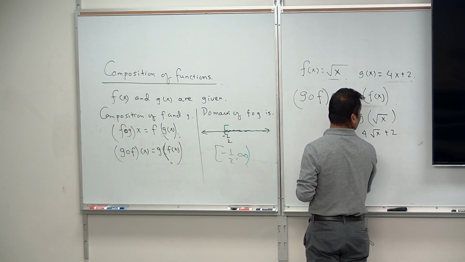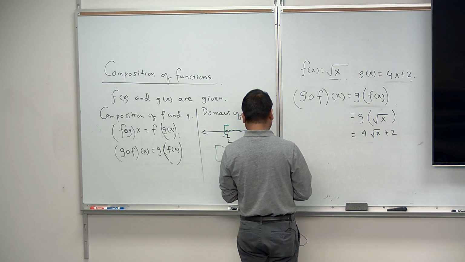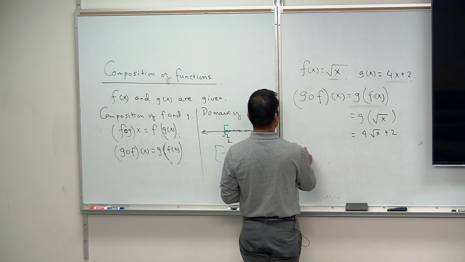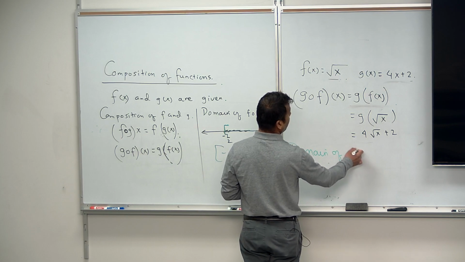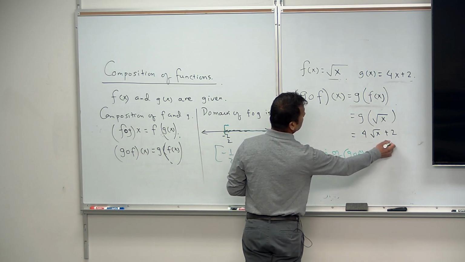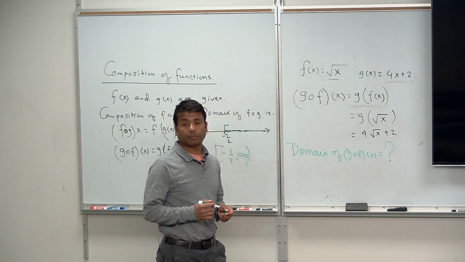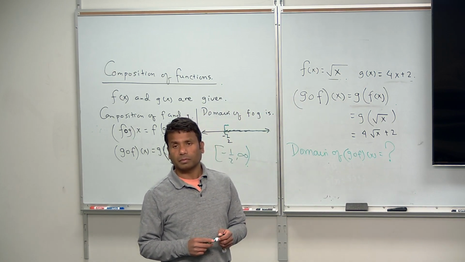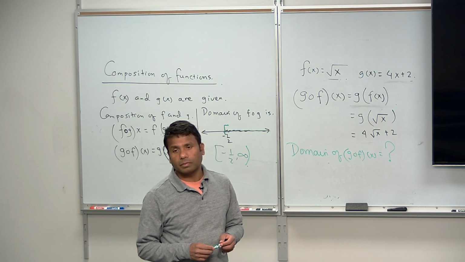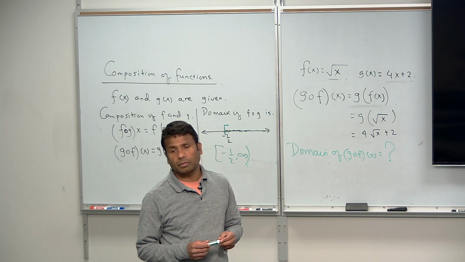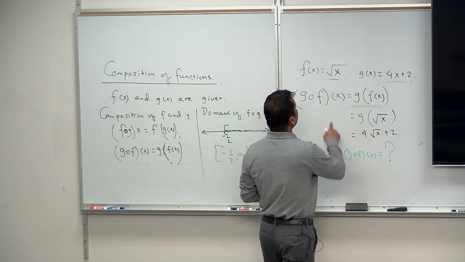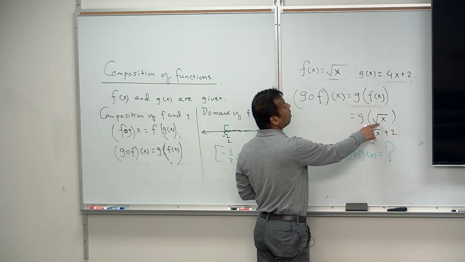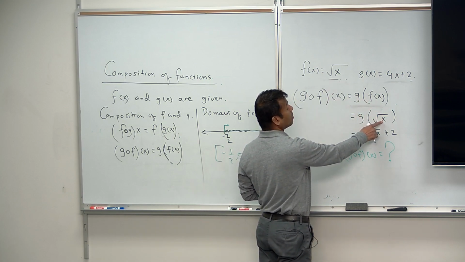So now what will be the domain? Can you let me know what will be the domain of g of f of x? You know the domain of f is all real numbers greater than or equal to 0, right?